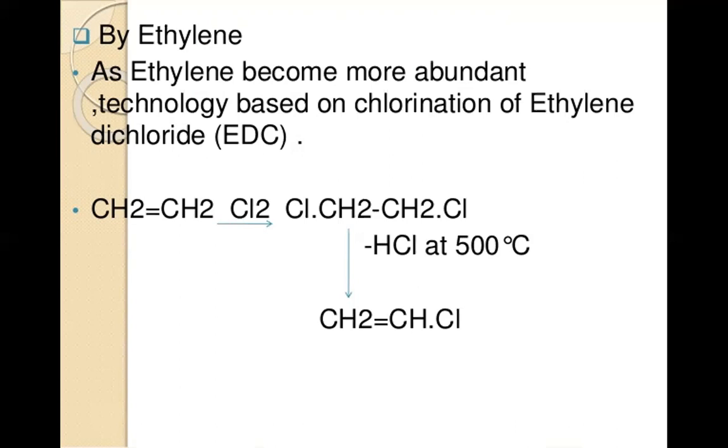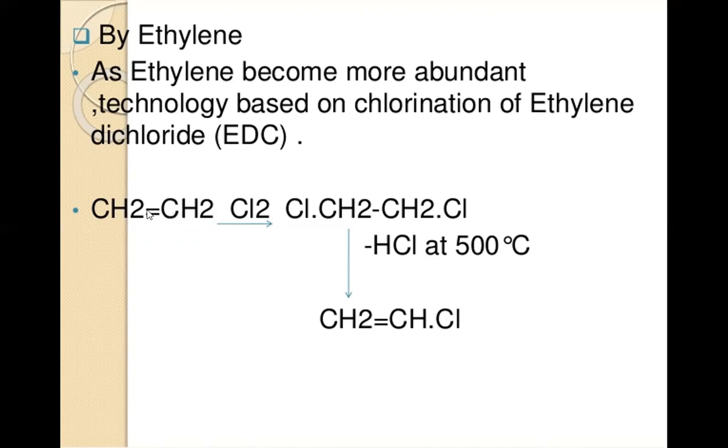Here also, one of the bonds of the double bond undergoes either homolytic fission or heterolytic fission. In homolytic fission, the mechanism takes place through free radicals, and in heterolytic fission, the mechanism takes place through either a cationic or anionic pathway.